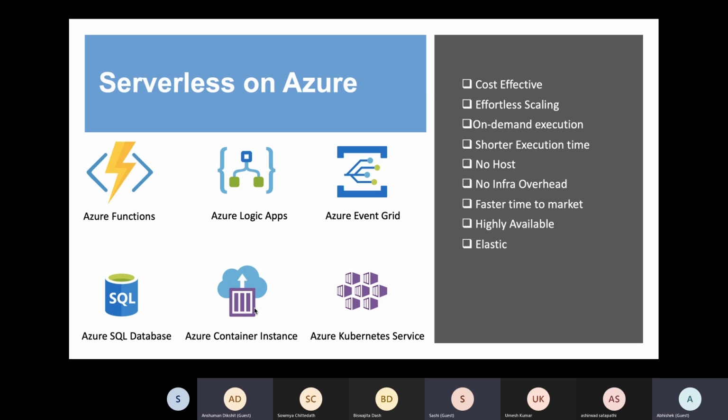Let me quickly brief on the different services available for serverless on Azure. Let me call out explicitly that serverless is not limited to your Azure environment. You have serverless offerings on AWS and on Google Cloud Platform also, and you can use them in a mix and match.